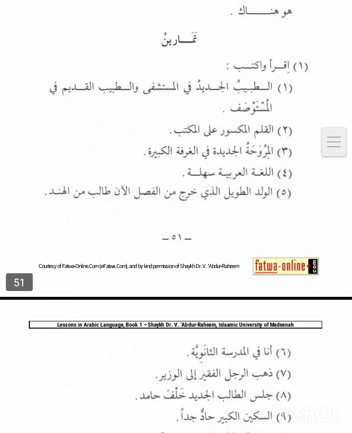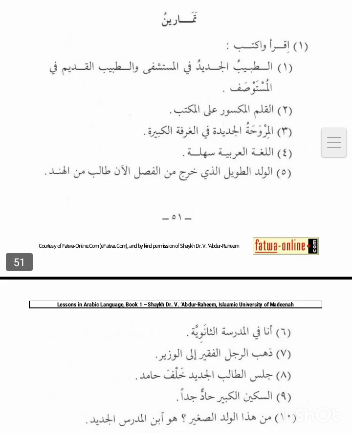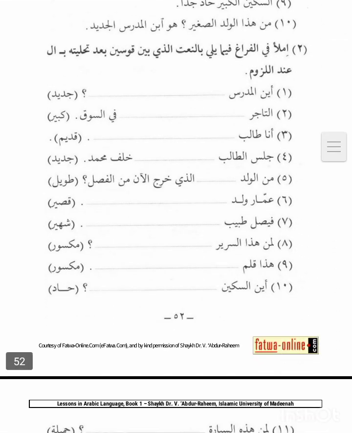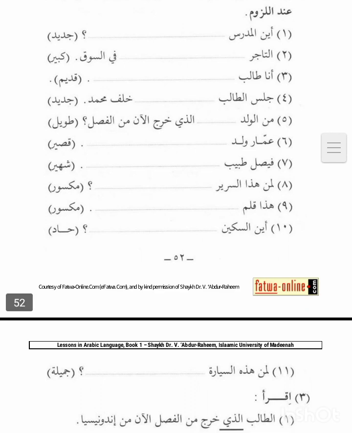While for the tamreen, you're asked to read and write. So please do read and write all of these texts. And you can check the dictionary for any word that you find strange. In the second exercise, you're asked to fill in the empty lines with these adjectives, but you have to take note of the gender of what you're qualifying.